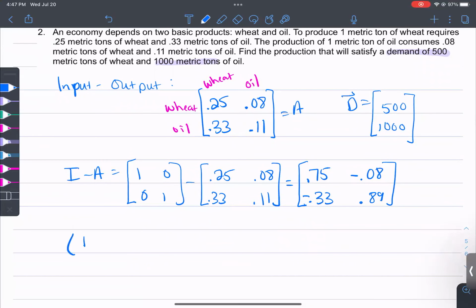Now we need I minus A inverse. You can use your calculator to verify. This gives you some very odd decimal points, and it will not convert to fractions. So I'm just going to write all of the decimal points I could see on my calculator.